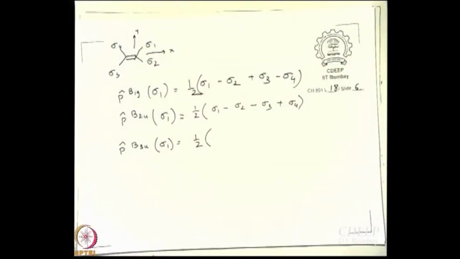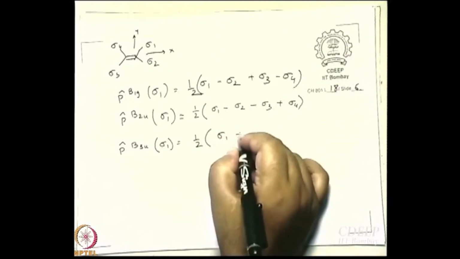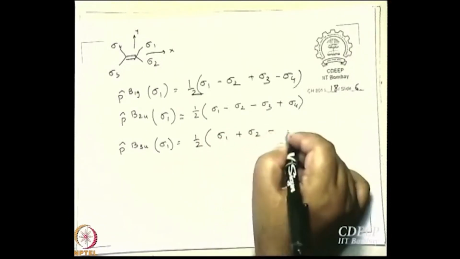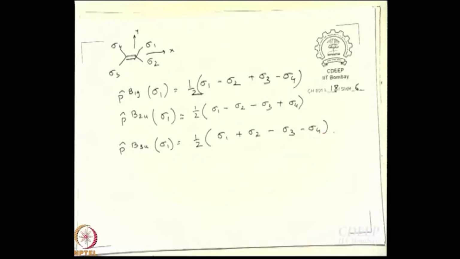B3U is 1, minus 1, minus 1, 1, minus 1, 1, 1, minus 1. I might as well write the answer: sigma 1 plus sigma 2 minus sigma 3 minus sigma 4. Okay.